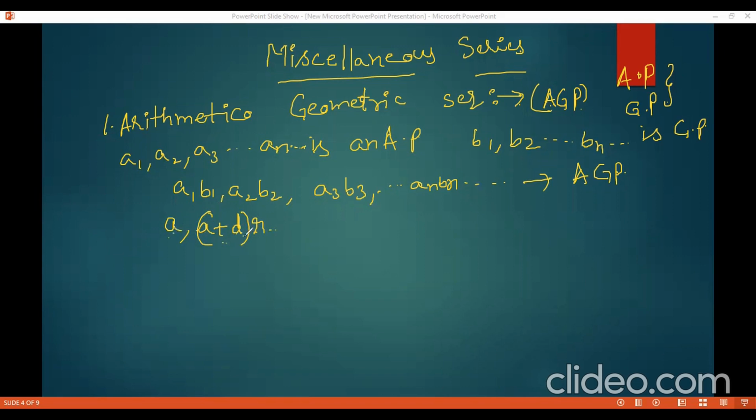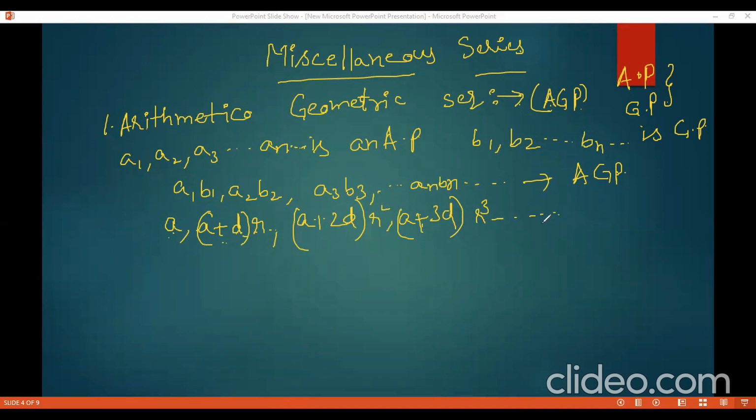So instead of ar, here it is a plus dr. Then a plus 2d r squared, a plus 3d r cubed, and so on. This is the arithmetico-geometric sequence.